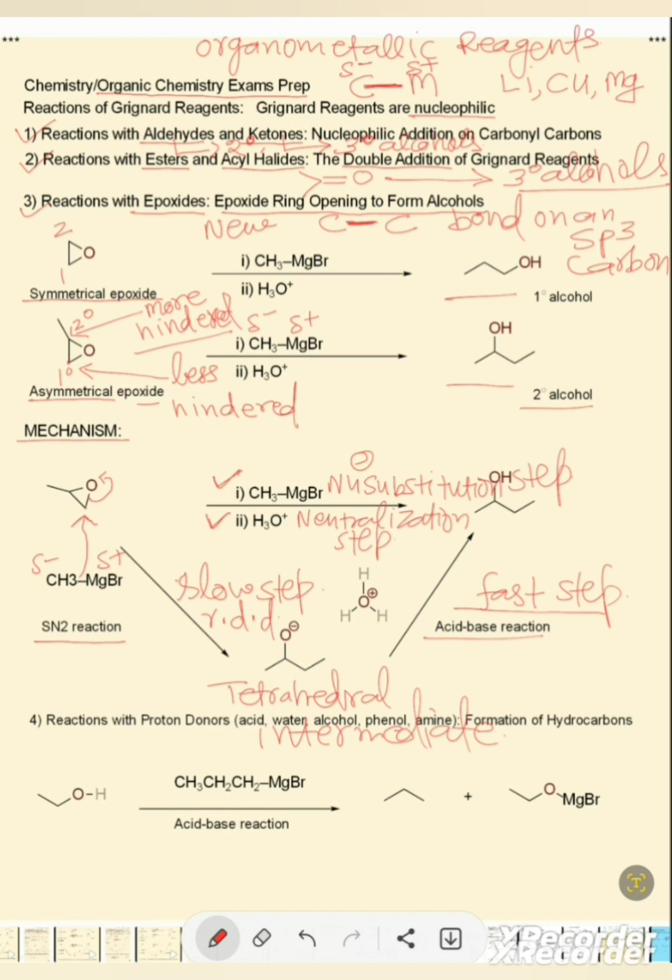So this alkoxide ion has an oxygen with a negative charge, which is a very good base. So in the neutralization step, the base takes a proton from the hydronium ion that is present due to the acid workup to form the product, which is a secondary alcohol.